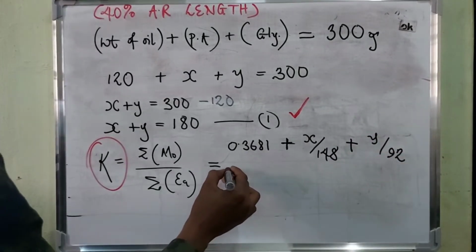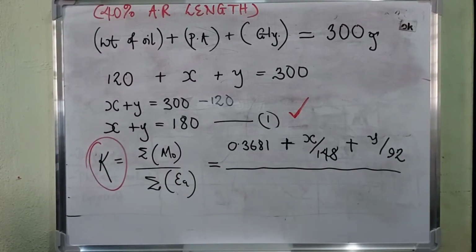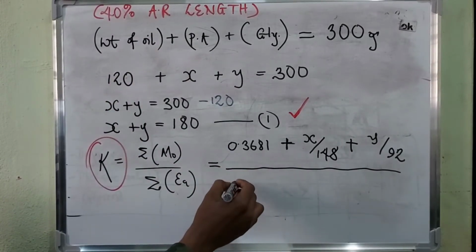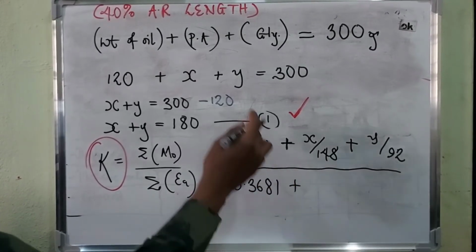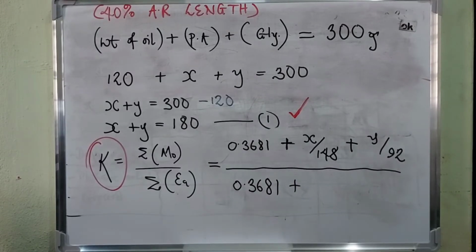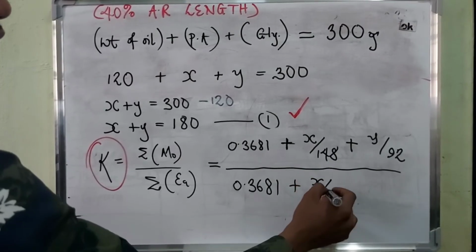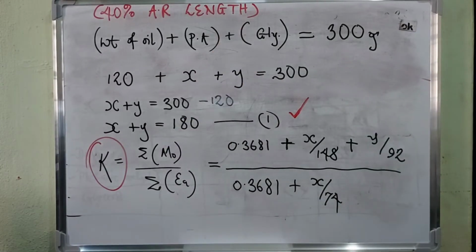Okay, divided by equivalent acid. You know, the oil is acidic, so we still have the same value, right? We derived that earlier on, plus that of the anhydride. We got it to be X over 74 from that table. You can refer to that. And that of the glycerol is not acidic, so we don't expect any equivalent acid value. So we stop it at that. So we have this expression to work out.